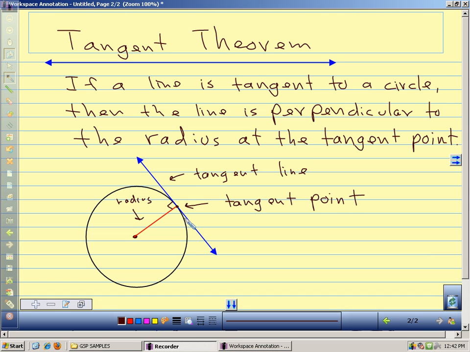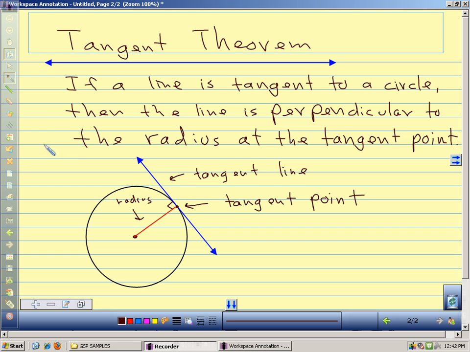No ideas on converses? Converse, we switch the order of the if and the then. So our converse would say, if a line is perpendicular to the radius at a tangent point, then the line is tangent to the circle. So the converse of the tangent theorem is also true.